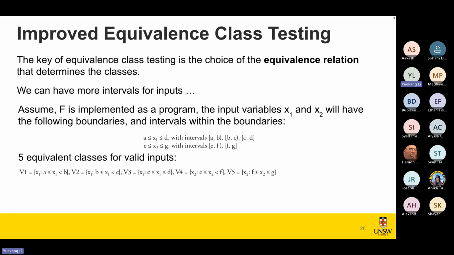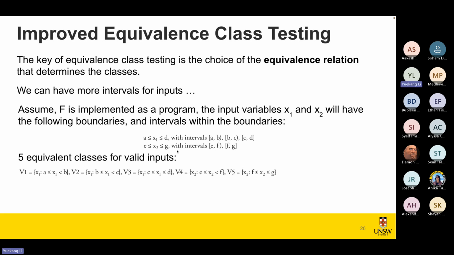So we are making the classification of equivalence classes more fine-grained rather than just marking them as valid or invalid. We can further classify them according to the range intervals within the valid and invalid ranges.